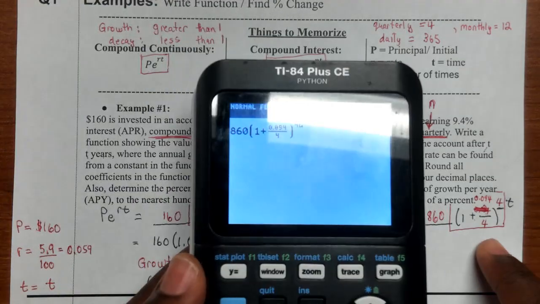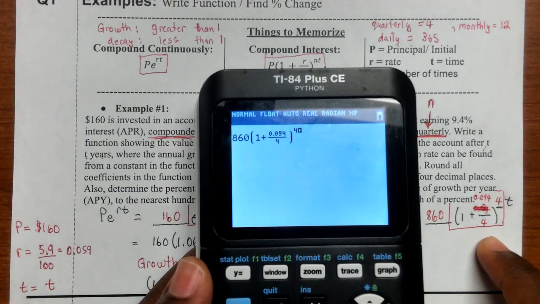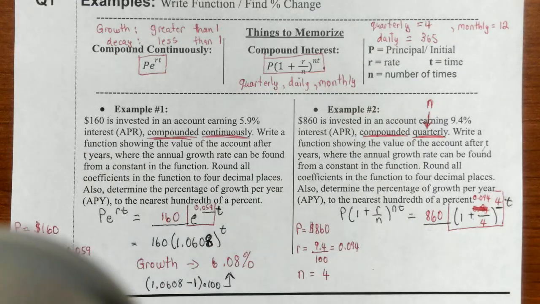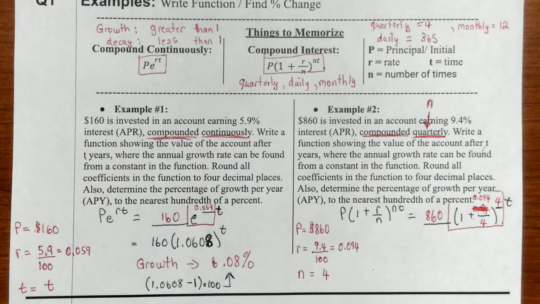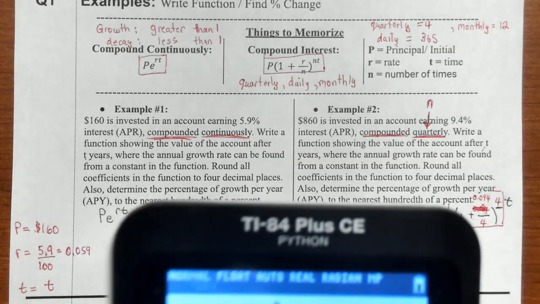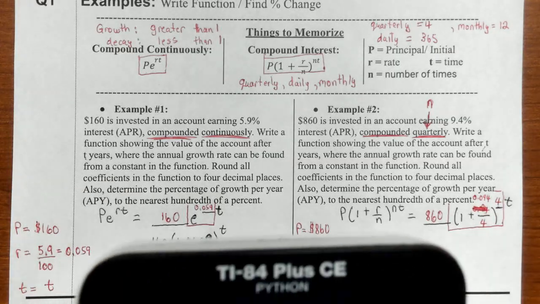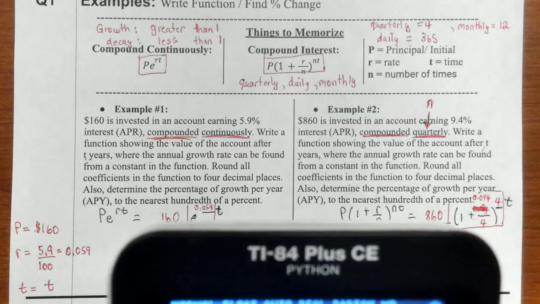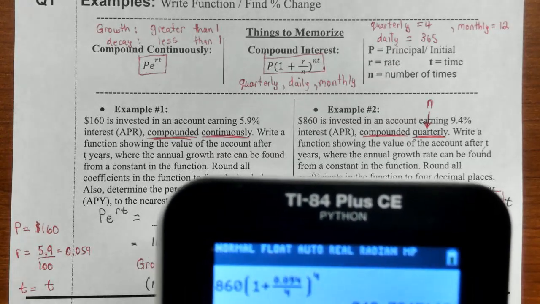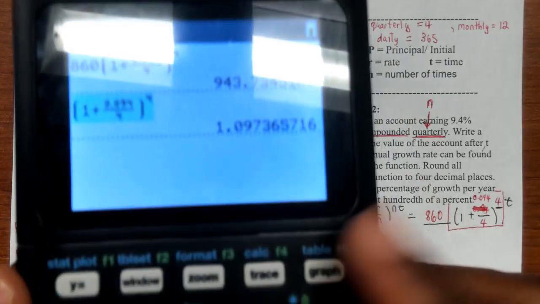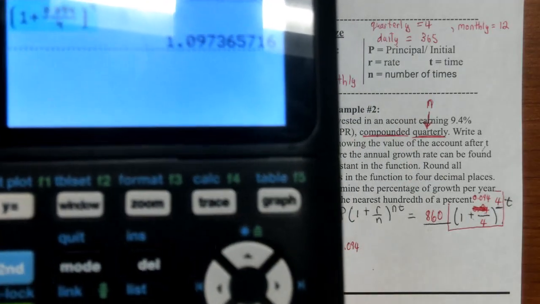Okay, so again, I type in exactly what I see right here in the box. Oh, sorry guys, I shouldn't put the 860. I should only put what's in the box and not the 860. So we can delete that. So this is what we would get. This right down here. Okay.